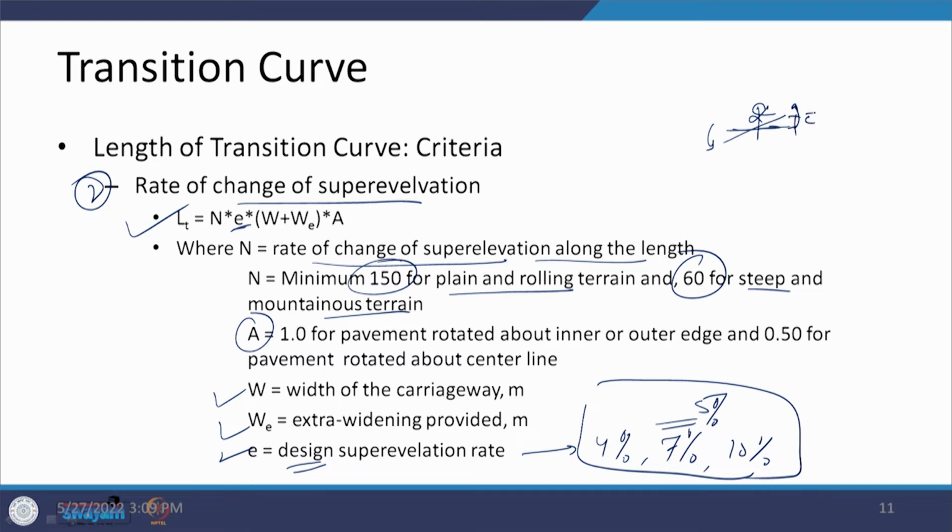So, the value which is going to be there on this side or the value which is going to be there on the other side, this is half of that super elevation which is to be provided.